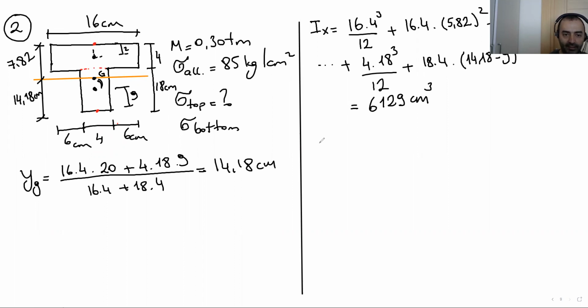Okay, let's write the sigma top. Let me remind you, sigma top is here, and sigma bottom is the stress at this point.